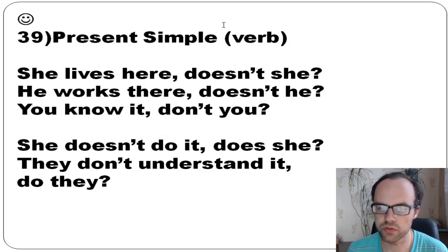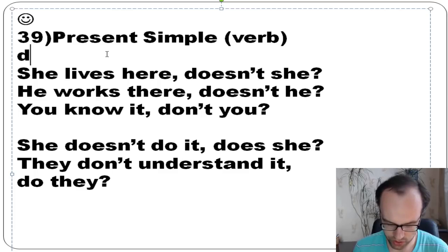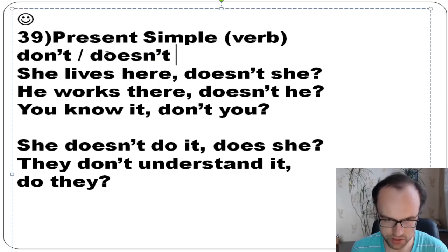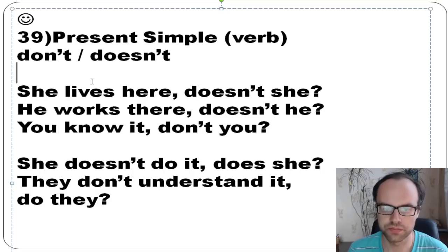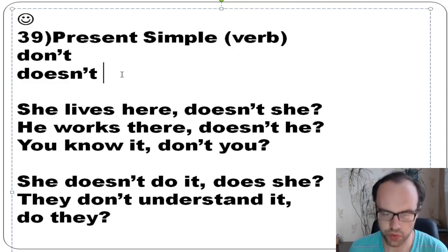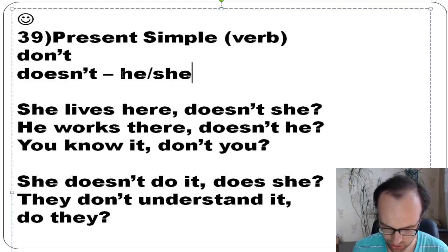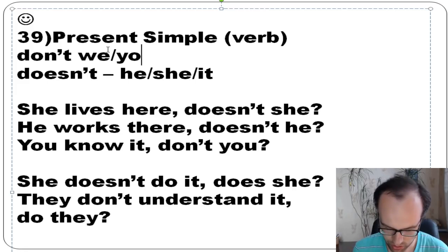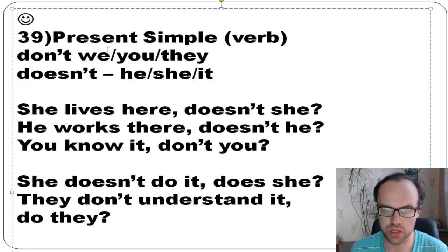If we don't have the verb to be, we use don't or doesn't. You know that we use doesn't with he, she, it, and don't with we, you, they.